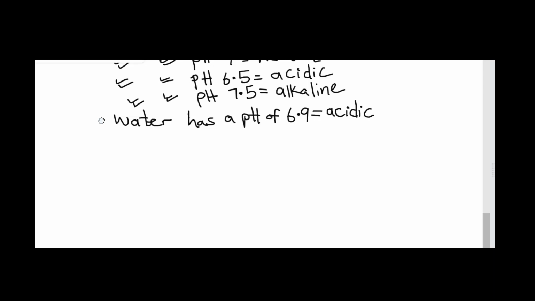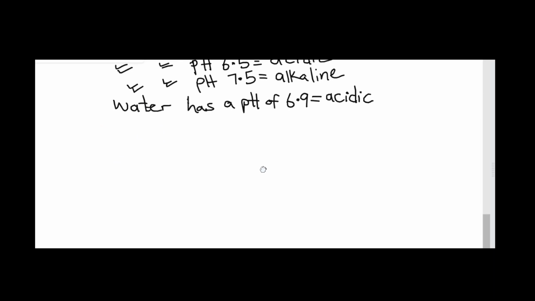Okay, so universal indicator. Most acids and alkalis, right, are often colorless. Like literally, if you're looking at them in the container, you can't tell whether it's an acid or an alkali until you move close and carry out a test. Okay, so how do we test to know whether it's acid or alkali?